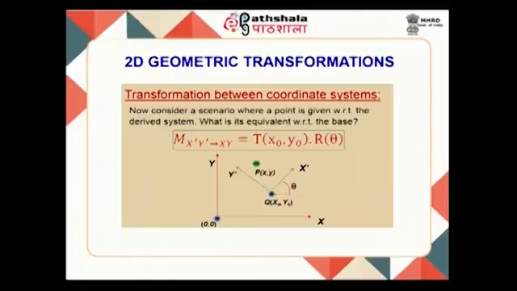Here it is a positive rotation because we want to align the base system with the derived system. So, R of theta multiplied with the translation T of x naught, y naught. When you multiply these two, what you get is a composite matrix from the x dashed y dashed system to the xy system. You can try a simple problem, take a position and try both scenarios, and you would understand that better.